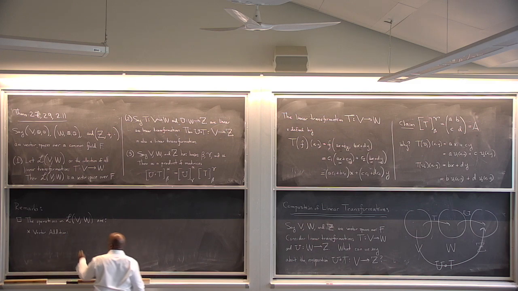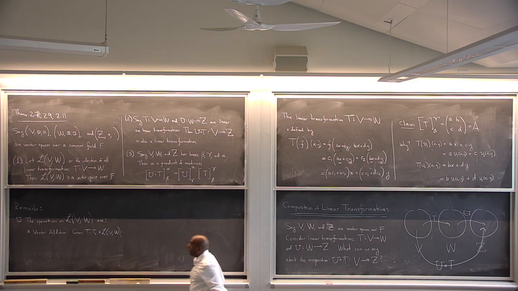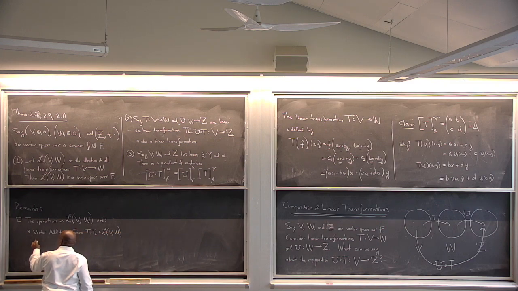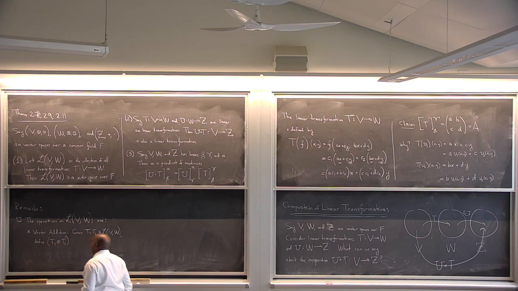Given two linear transformations, then let me define their sum as that linear transformation that sends V to this sum here.